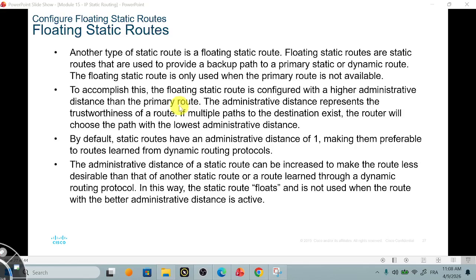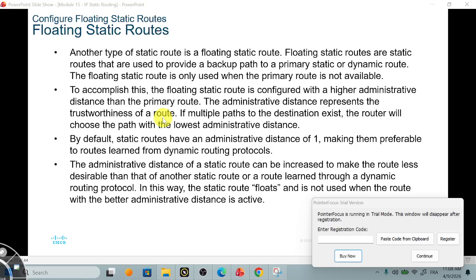Remember, if we use AD, the administrative distance, with a large number, it means that this route is not preferable. As much as we increase the administrative distance value, it means that the router should avoid this route. So the administrative distance represents the trustworthiness of a route.